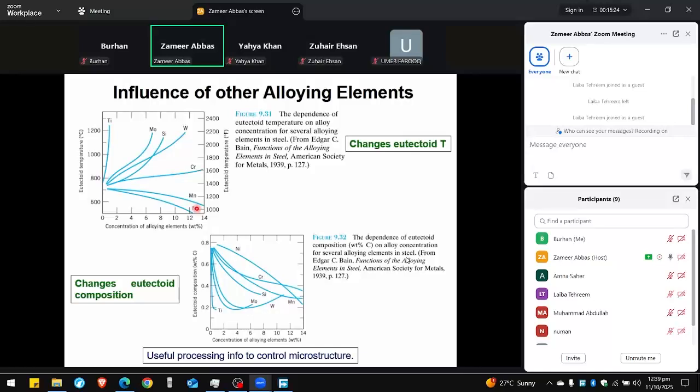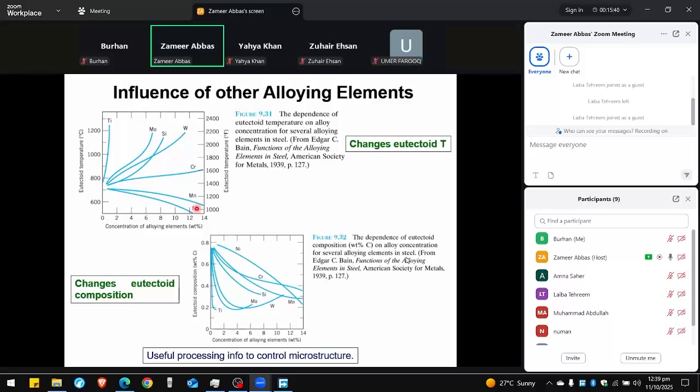Okay. Let me show you again in the diagram. That means it is decreasing the extent of this field, gamma.